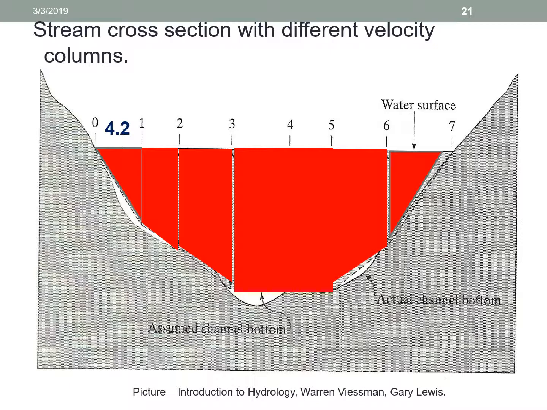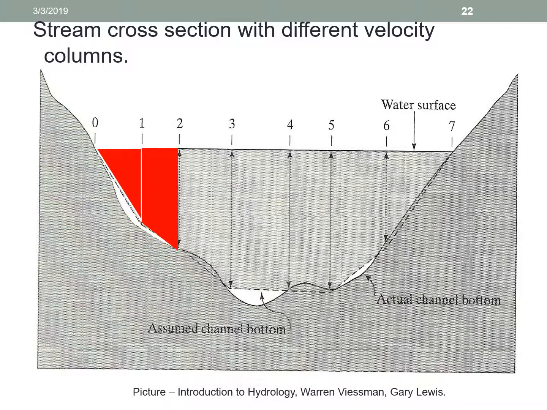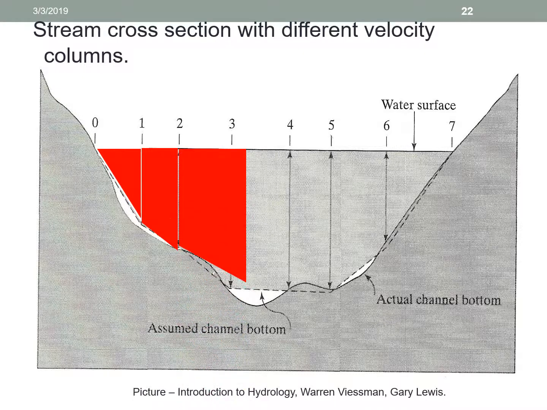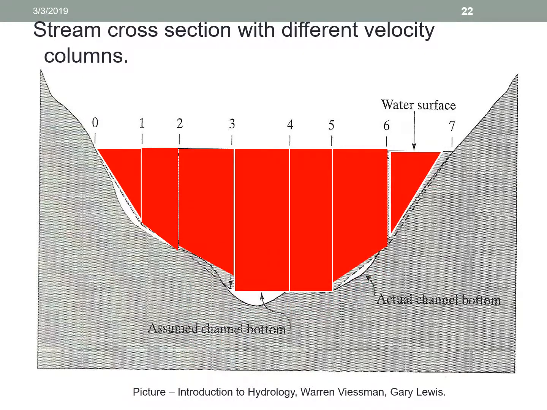The problem statement gives from 0 to 1 as 4.2, and then the depth is 4, so the area will be 8.4. How? The first area from section 0 to 1, then the area from section 1 to 2, the next area, and the last area. For the triangle, the surface is 4.2 and depth is 4.